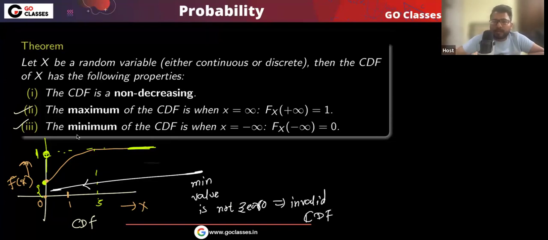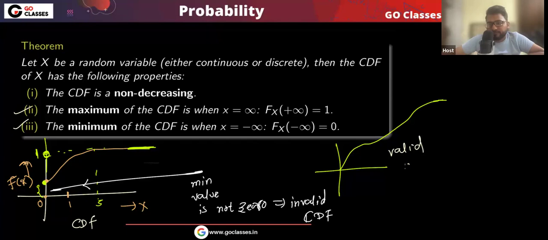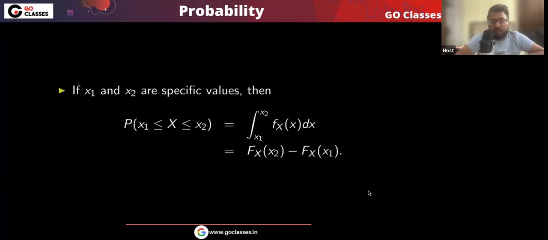Understood? Now, let's suppose I ask you this. Is this valid? Yes, this is valid, right? This is a valid CDF. Don't worry, we will see the examples and after that it will be more clear.